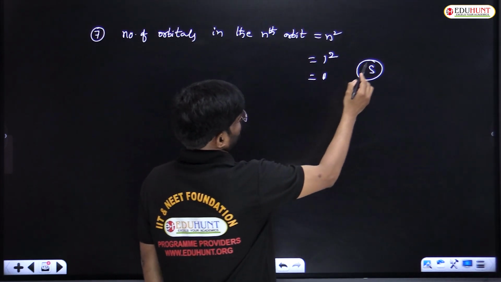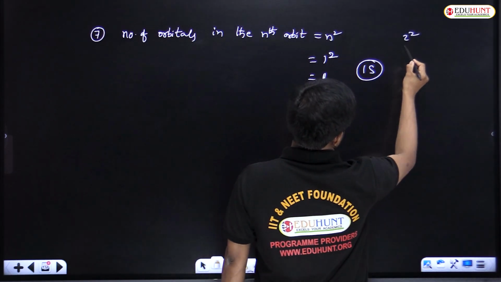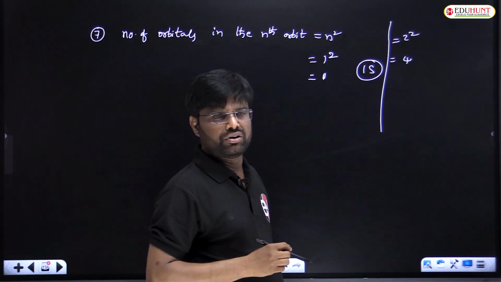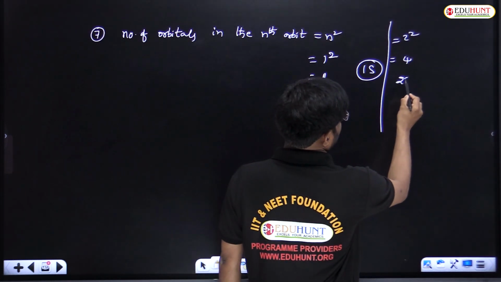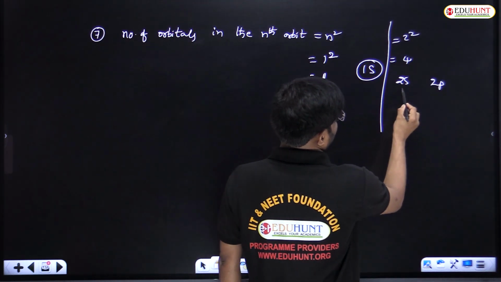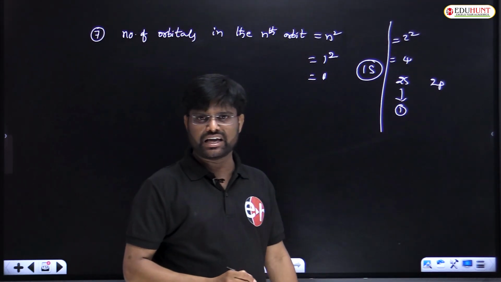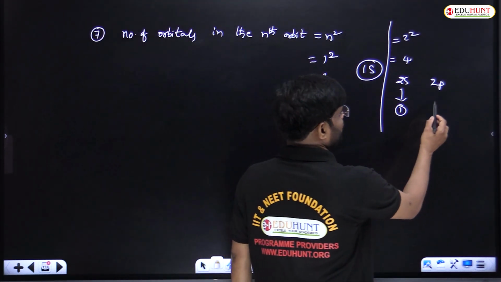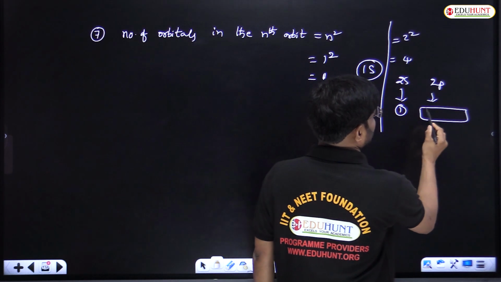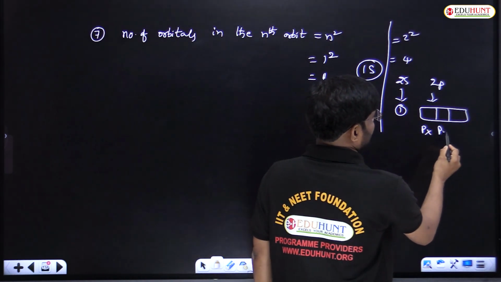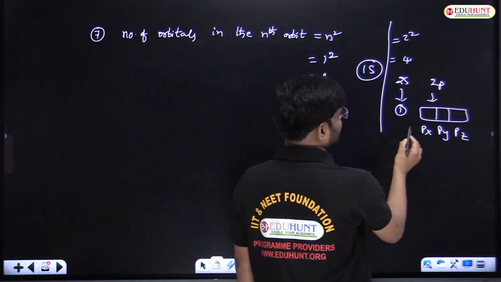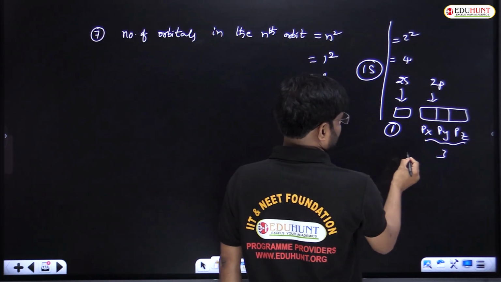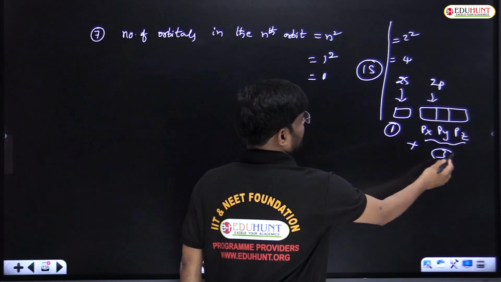Suppose the second orbit, 2 square. Then how many? 4. What are those? 2s and 2p. An s orbital is always 1, 1s is 1 and 2s is also 1. 2p orbitals are 3: px, py, pz. So 1 plus 3, total 4.